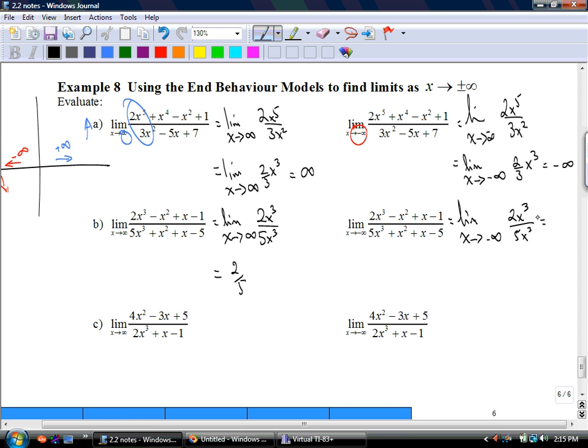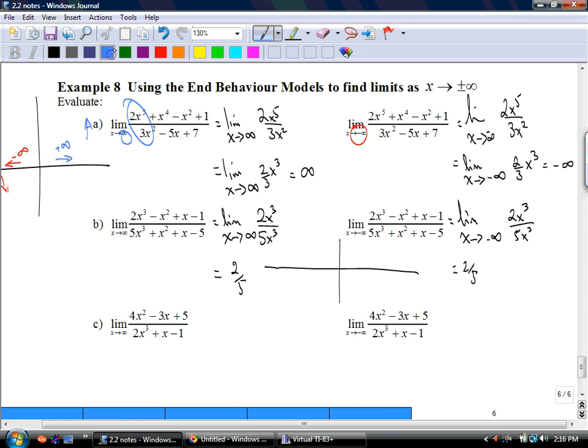So what are you left with? 2/5. Okay. What does that tell you? They both end at the same height.